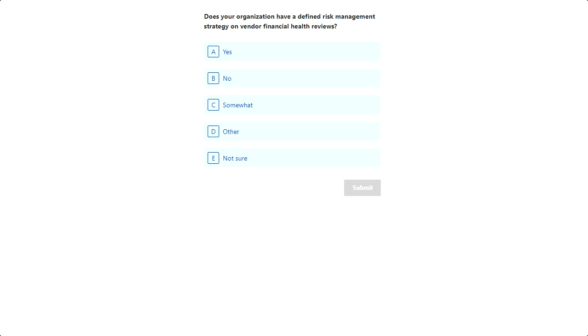And then from there, you should start to look at either your exit options using your contract as enforcement, or perhaps just override the risk if the information that the vendor has provided is sufficient and meets your risk appetite and what you've defined as your risk strategy internally. It's not always the case that any sort of financial health risks require immediate action, but sometimes being proactive about it can be very helpful too. Back over to you, Jesse.